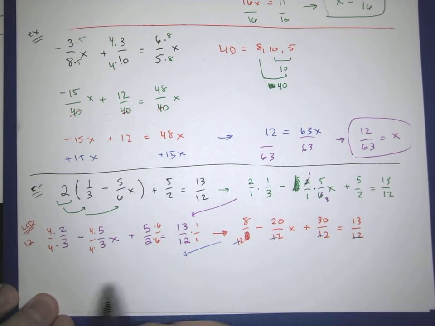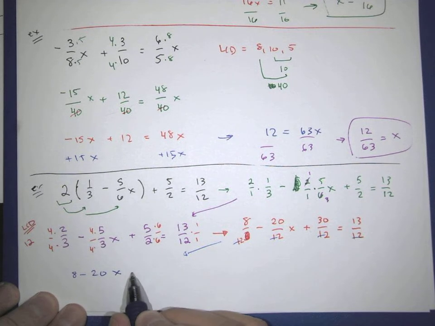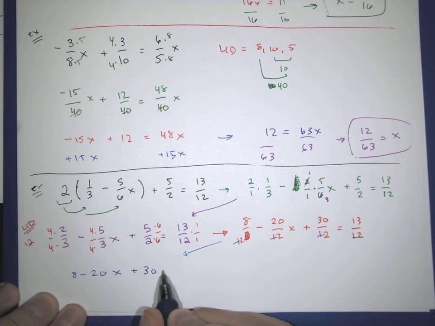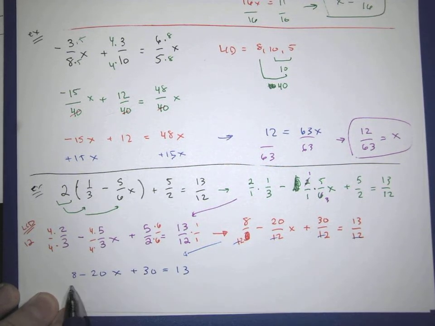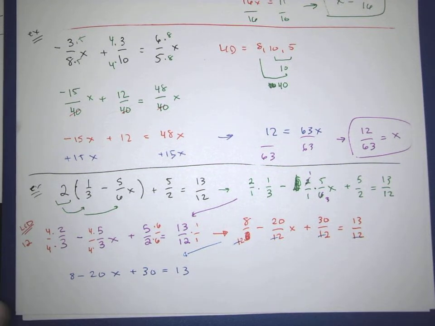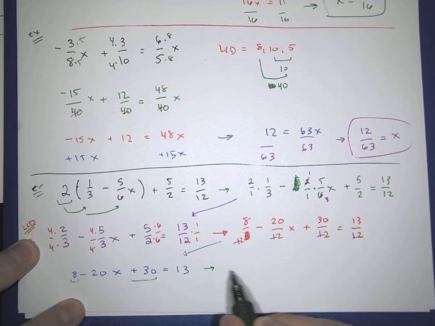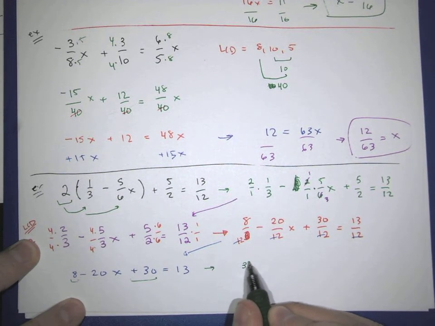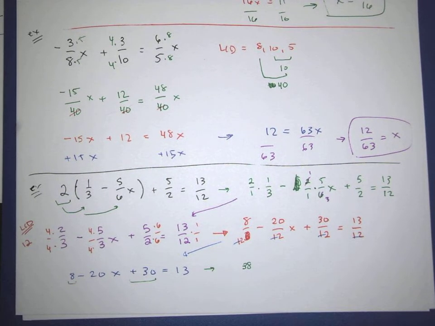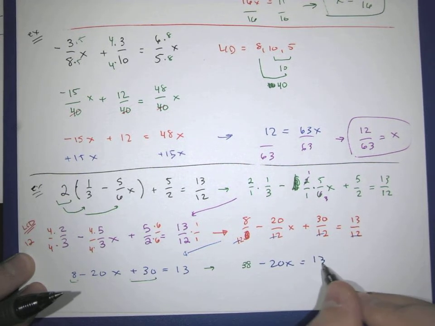So then this becomes, for us, 8 minus 20x plus 30 equals 13. 8 and 30, that's going to be 38, minus 20x equals 13.